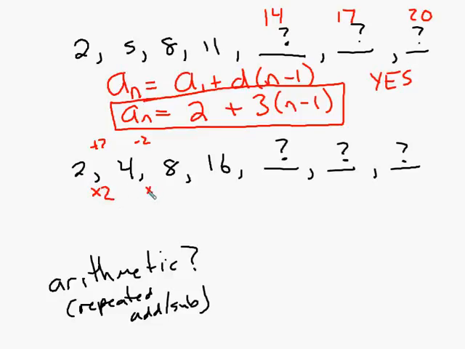And then 4 times 2 is 8, and 8 times 2 is 16, and 16 times 2 is 32, and 32 times 2 is 64, and 64 times 2 is 128. So this one is not arithmetic. Now I can write a formula for it, but we won't focus on that for today. We'll only write them if we have an arithmetic sequence.